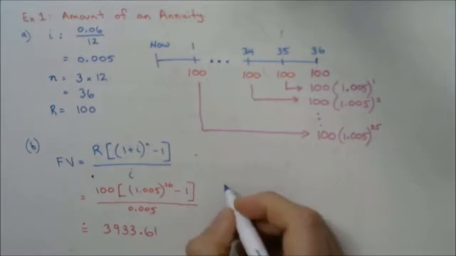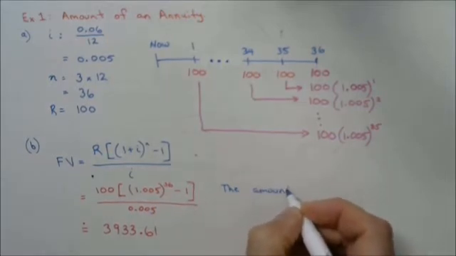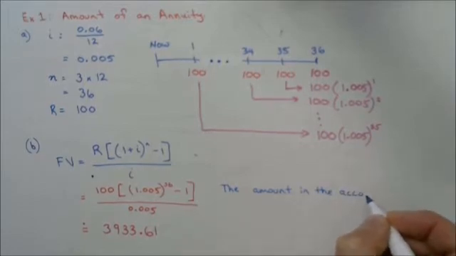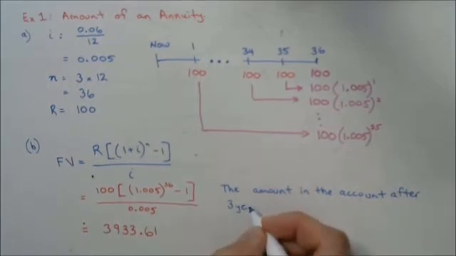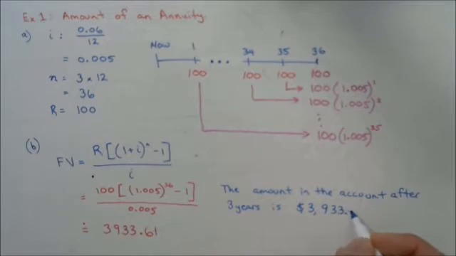Determine the amount. The amount in the account after 3 years is $3,933.61.